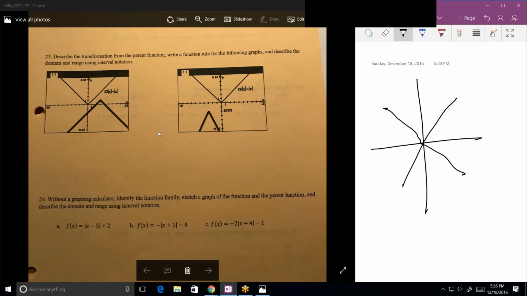So it'd be f of x is equal to absolute value of x minus 3. Good. And then it would be plus 0. Hold on. If you take this point right here, up 1.